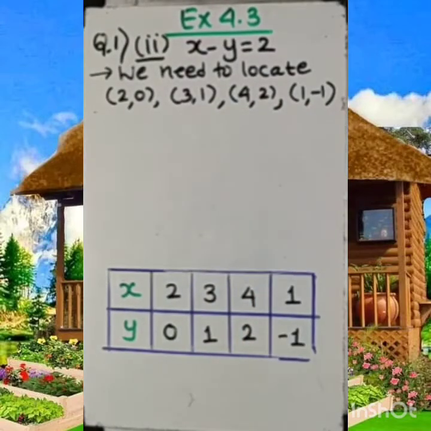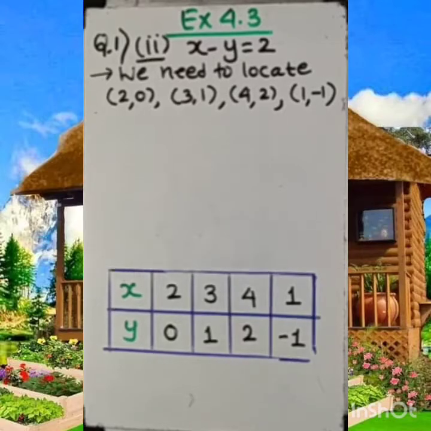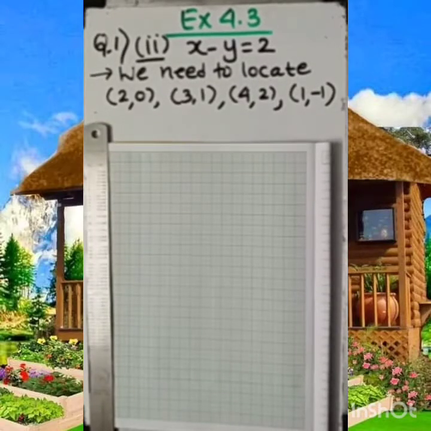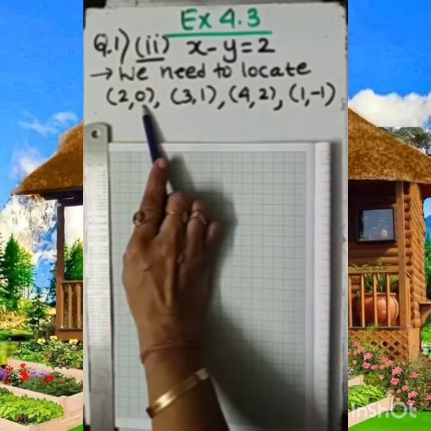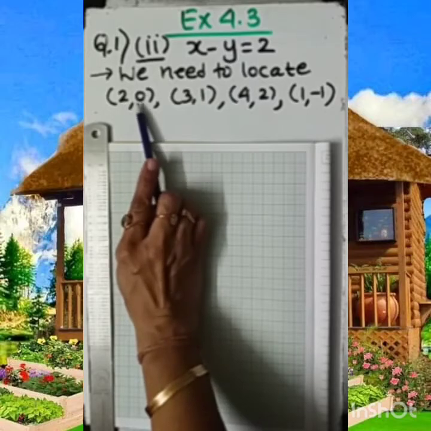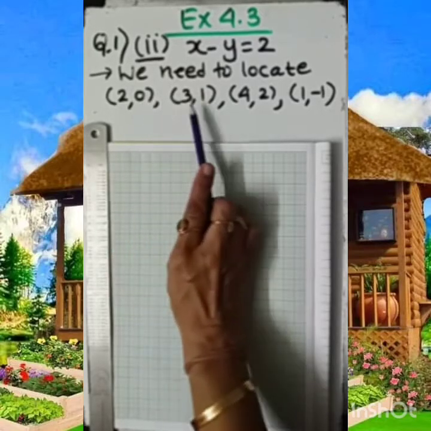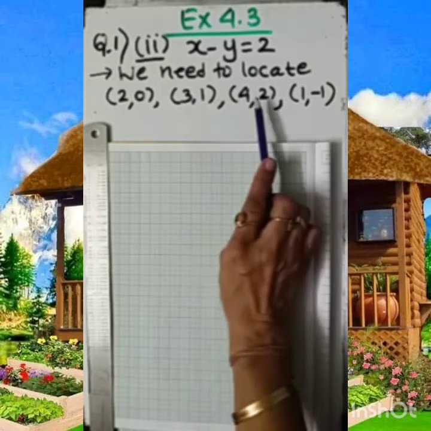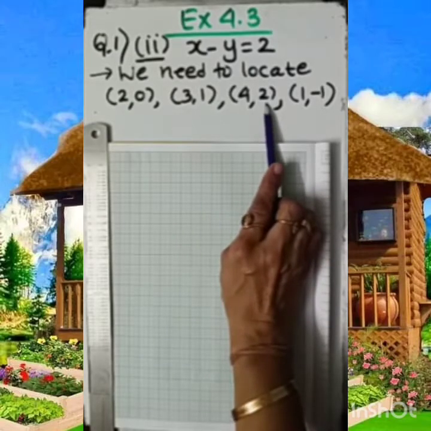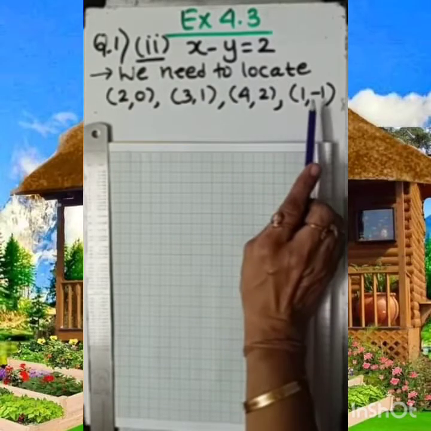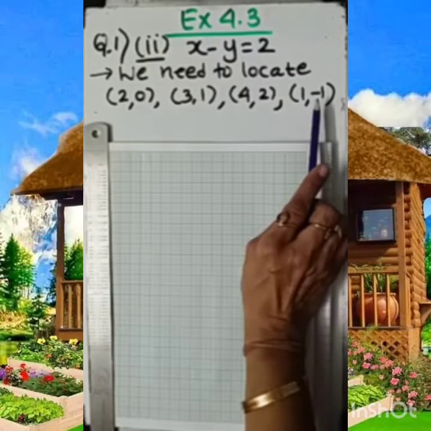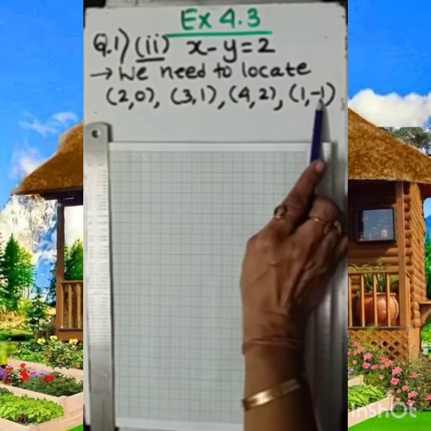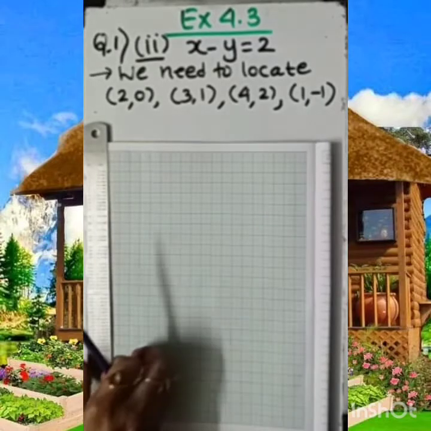Clear to you? As we know, in 2 comma 0, the 0 is connected with the y-axis, so this point will lie on the x-axis. 3 comma 1 is in the first quadrant, 4 comma 2 is in the first quadrant, and 1 comma -1 will lie in the fourth quadrant. You know dear student, it is plus minus, so this point will go to the fourth quadrant.